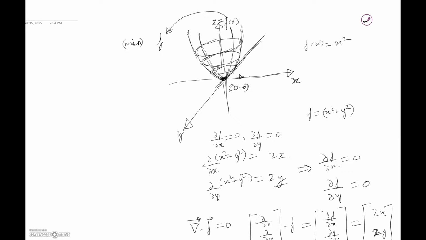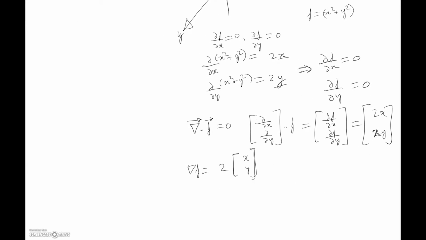So if you have this plane and this is the value of z, let's say, if you go to any point x comma y, so let's say over here, we have x comma y. All you need to do is extend this vector and scale it by 2, and that will be 2 times x comma y, which happens to be your gradient del f. So remember that. Now we've mastered unconstrained optimization.